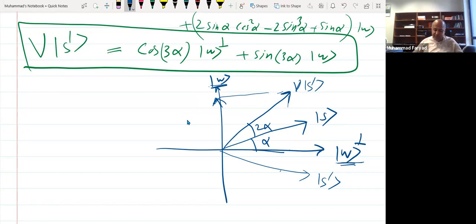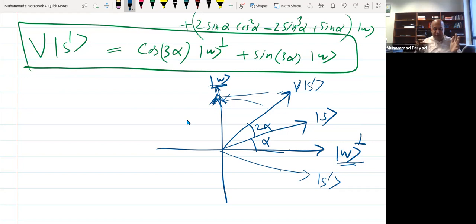And if only we are somehow able to rotate it all the way towards this W axis so that it has its major component along W and smaller along W perpendicular, and then we measure it, we will most likely get this W as solution and not W perpendicular as solution. And this is actually how this algorithm works.